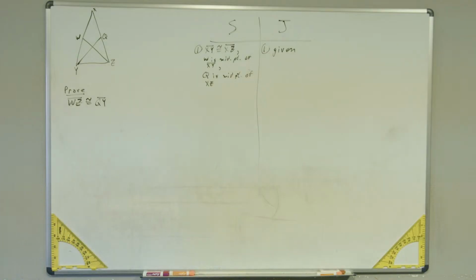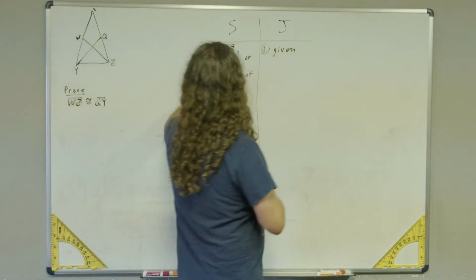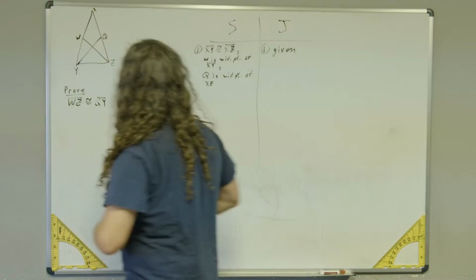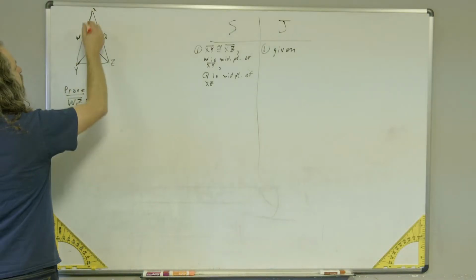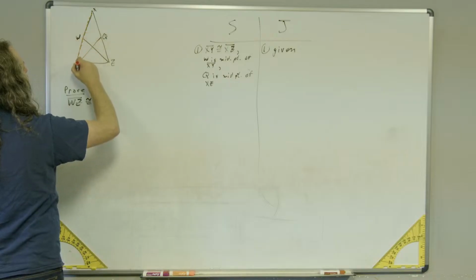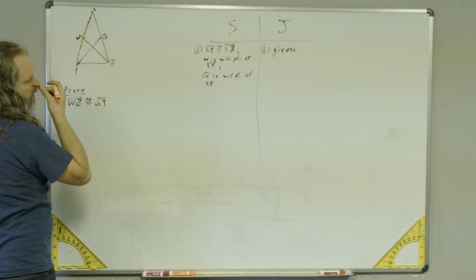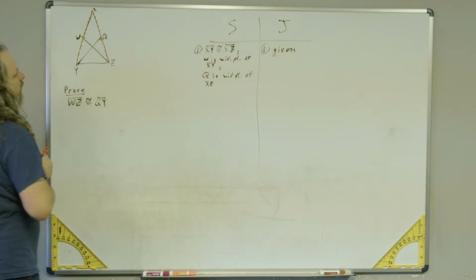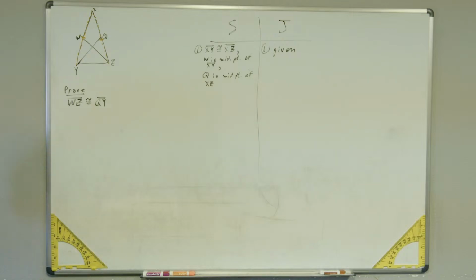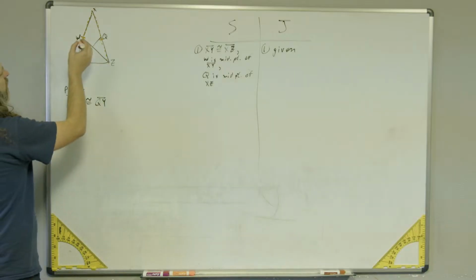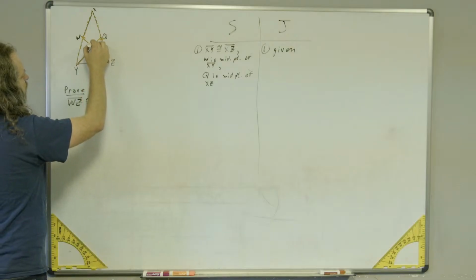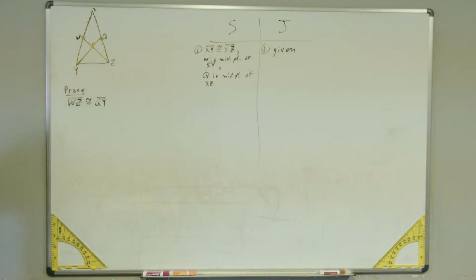So, let's label this one, start there, that XY, so that's this big one, is congruent to XZ. So that's congruent to that. Okay, so we're supposed to prove that WZ, so this guy, is congruent to this guy. That's where we're trying to get to.